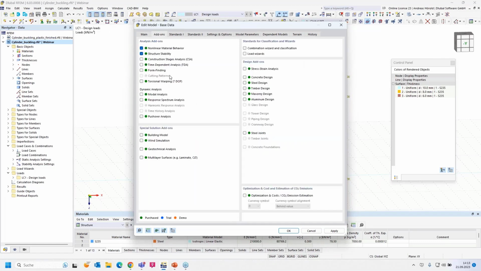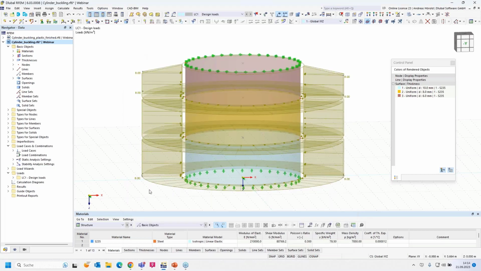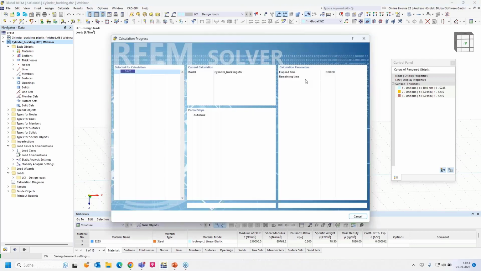And under add-ons, I've already activated the structure stability add-on, and for the MNA analysis that we do in the next step, the nonlinear material behavior add-on. And I switched off the combination wizards and load wizards. Okay, then we can run the calculation.